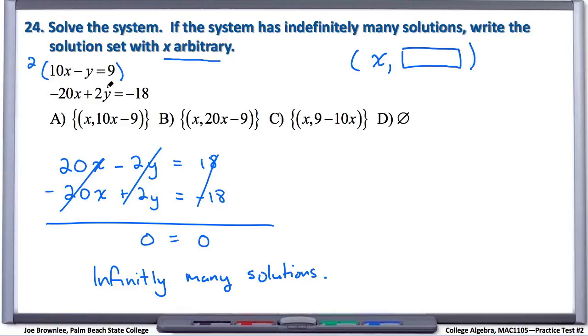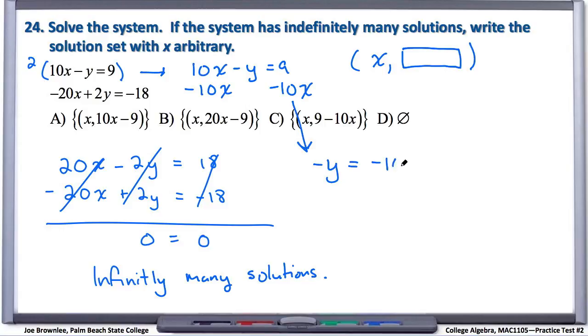So let's go back to our original equations in the system, and let's solve for y in one of these two equations. I'm going to solve for y in equation 1. So if we have 10x minus y equals 9, if I want to get y all by itself, we'll subtract 10x from both sides. That'll leave us with negative y equals negative 10x plus 9.